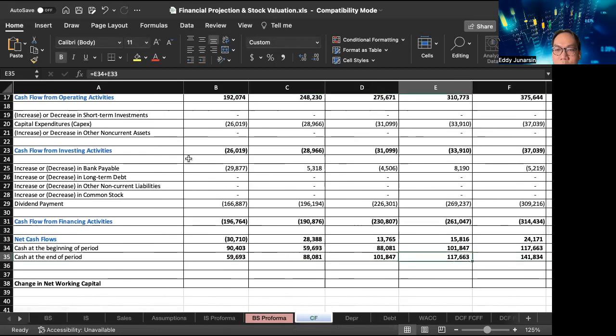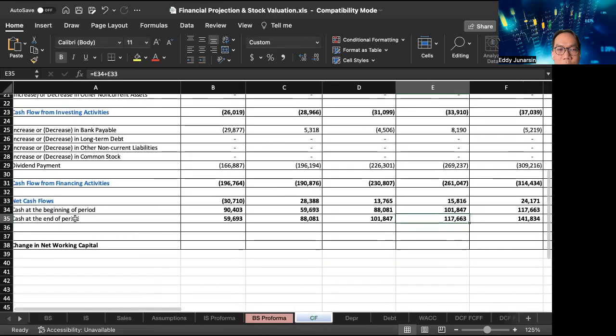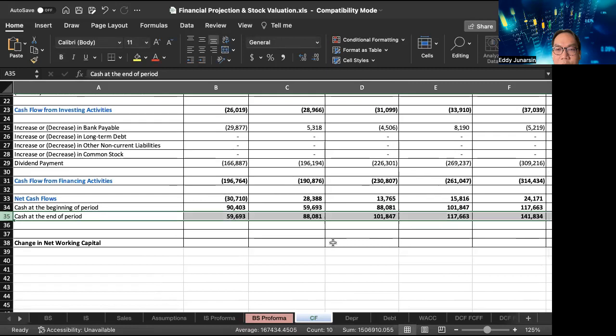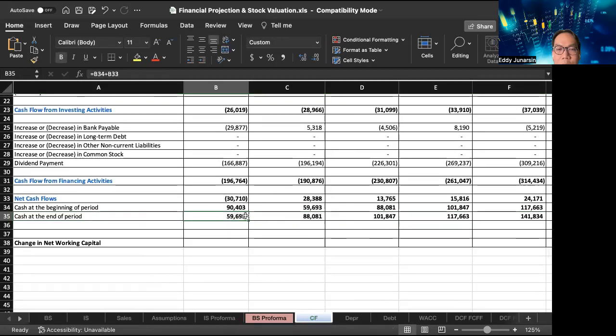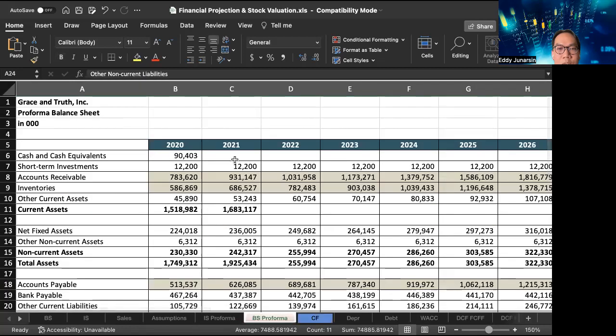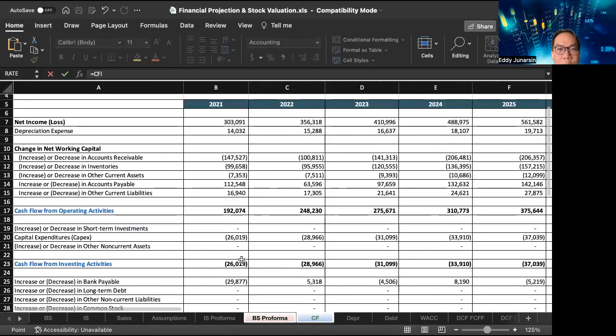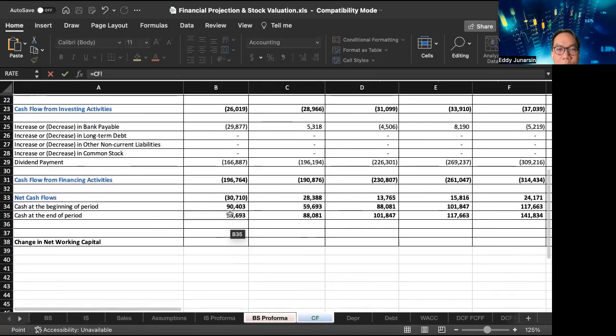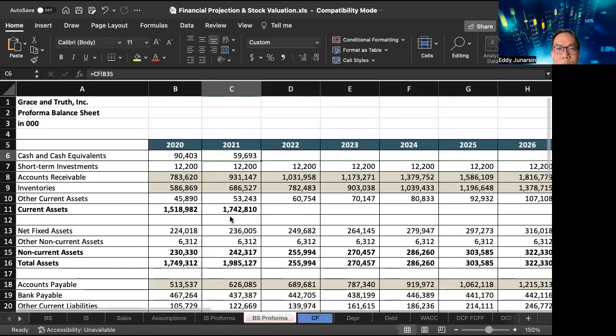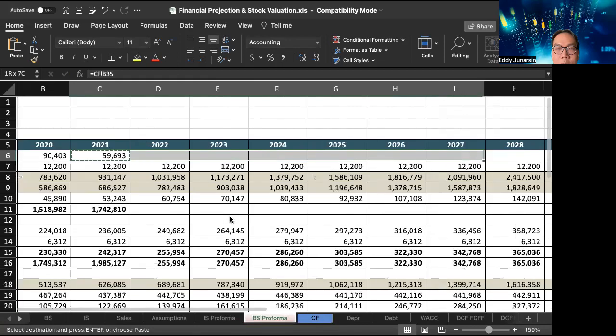Okay, so here we got the cash at the end of period that would be moved to our pro forma balance sheet. Pro forma balance sheet here. So cash at the end of 2021, just link it here. Cash at the end of 2021 would be this one, and so forth.